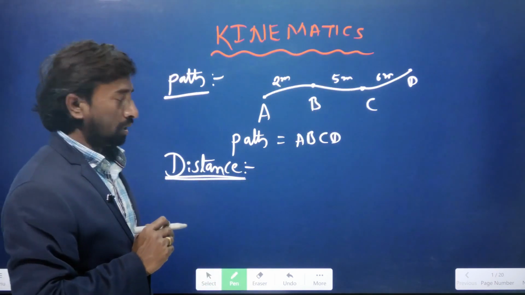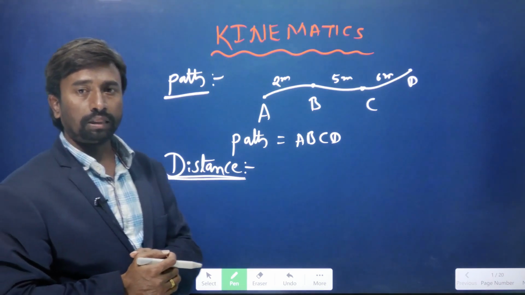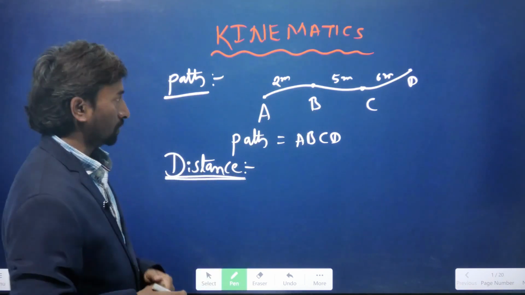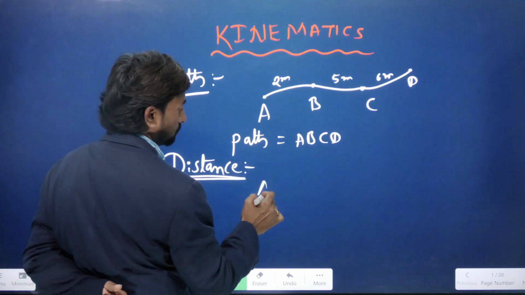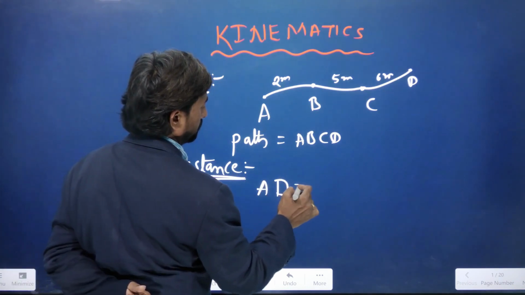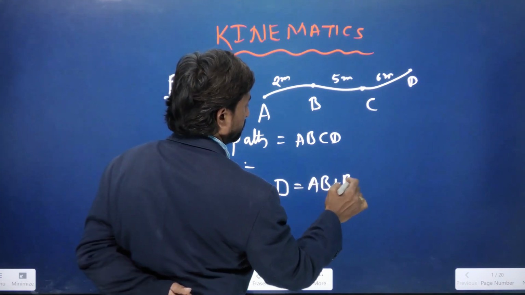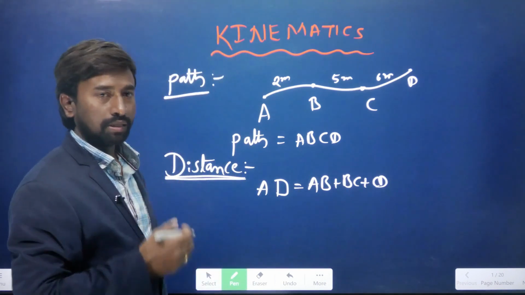So the distance is nothing but the total length of the path. The distance AD is equal to AB plus BC plus CD.